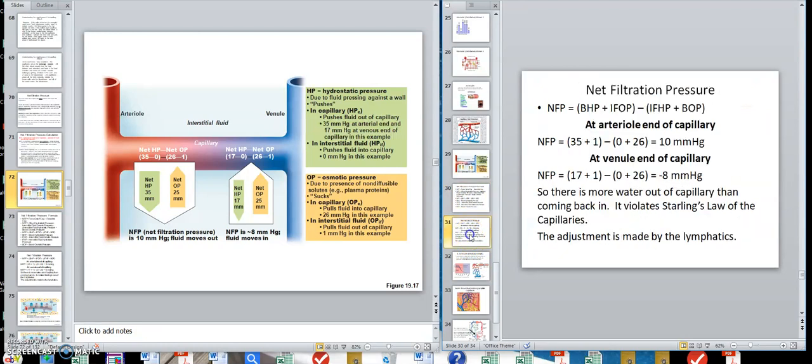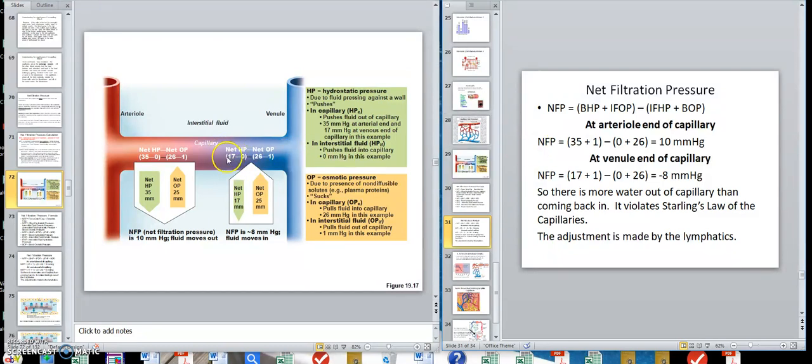So 35 here plus a 1. What's the 1? That is the osmotic pressure of the interstitial fluid, this solution out here sucking out, minus a 0. The 0 is the hydrostatic pressure pushing back in. I'll explain why it's 0, because there is water out here. I'll explain that in a little while. Let's keep it at 0. Plus 26. The 26 is the blood osmotic pressure.